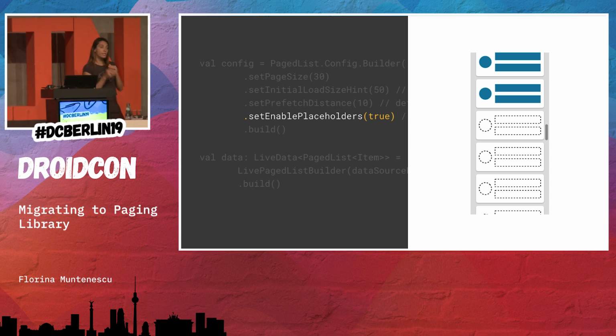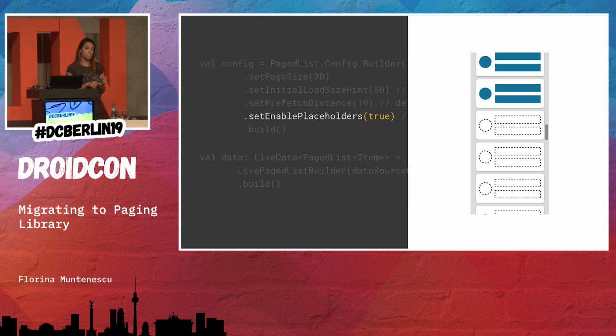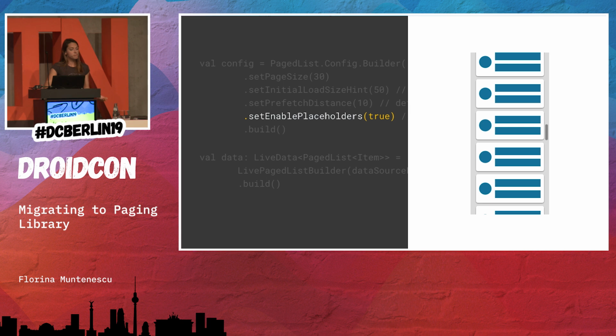So what paging will actually do is return null for these objects, because it knows that, hey, I know I have to get these objects. Something will be here. Let me get and fetch them. But this means that you will be able to display whatever items you need here. And then once they're loaded, the placeholders will be replaced with your actual items.